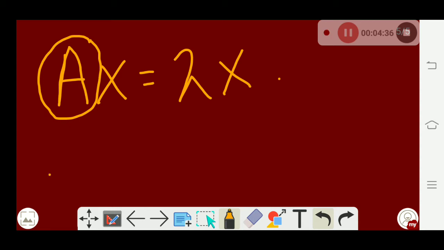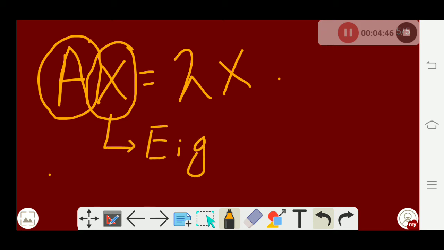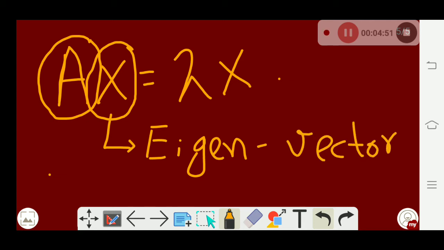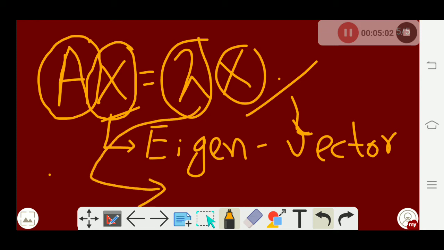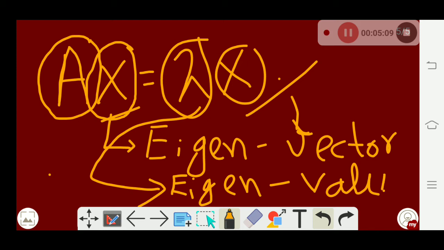This matrix is known as the coefficient matrix. This X is known as the eigenvector. Obviously both the X are the same, so both are known as eigenvector. And this lambda value, which is most important, is known as the eigenvalue.